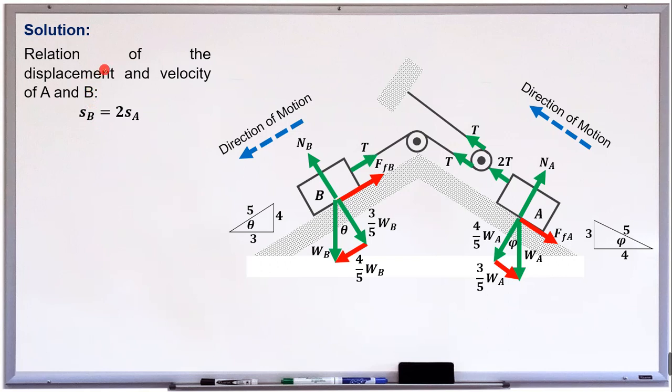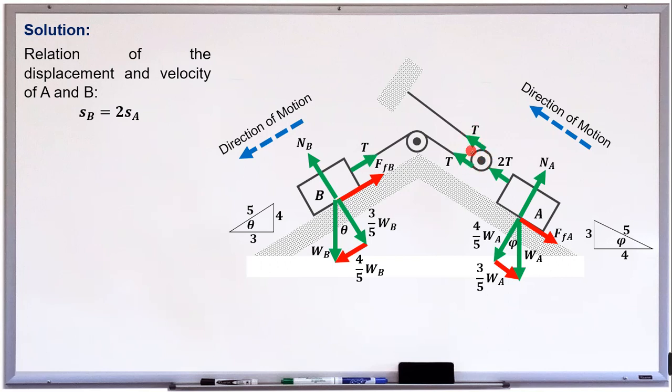Okay, so let's go back to the relation of the displacement and the velocity of A and B. How are we going to get its relation? Since we have a compound pulley arrangement right here, if block B moves 1 unit downwards, the movement of A is half of B. It's because of this compound pulley arrangement.